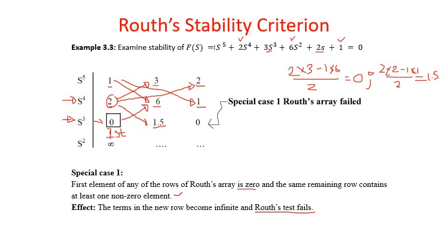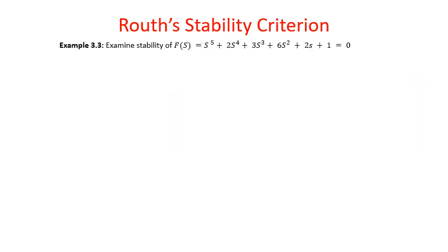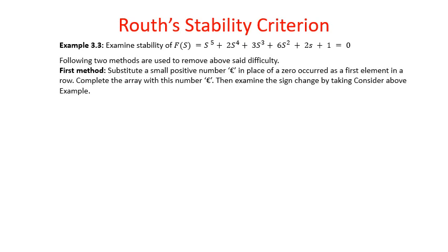Then how to solve this problem? To solve this problem, we bring in a small constant element, that is epsilon. So we call this the epsilon method also. Let's see how to solve this one. Taking the same problem, there are two methods used to remove this difficulty.